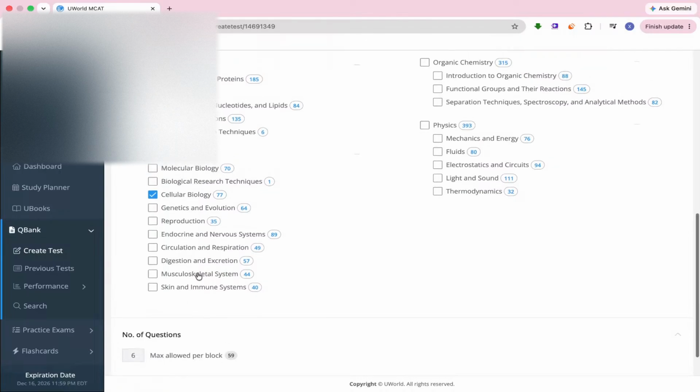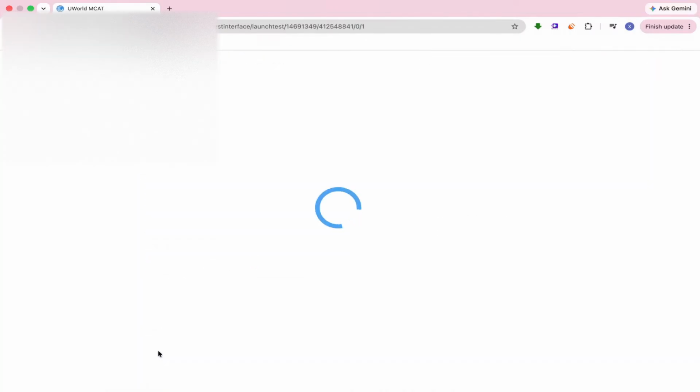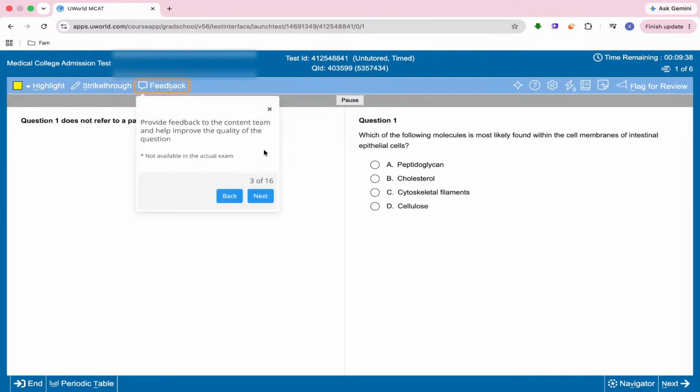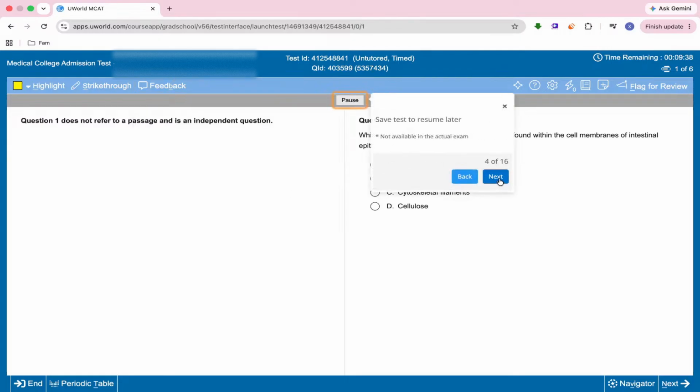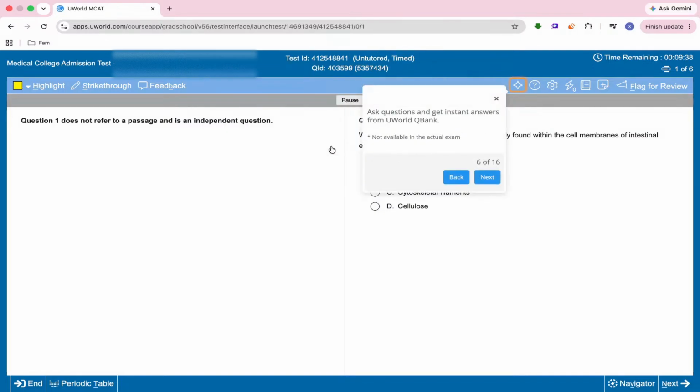I think that's a chapter we literally just did today. So generate test. Highlight important text for fast reference. Next, next, next, next, next.